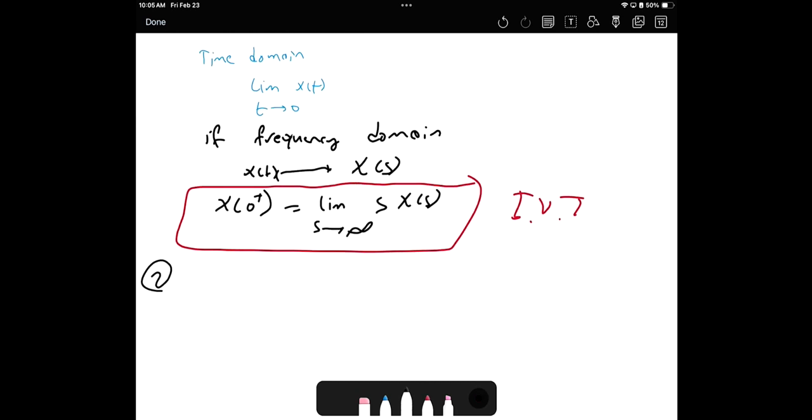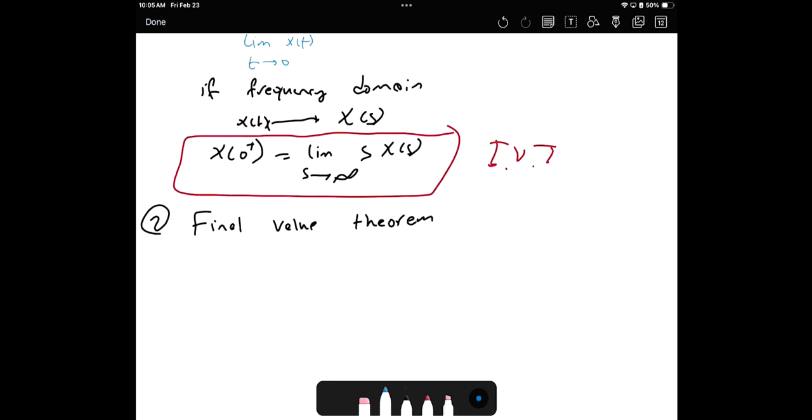Then the second theorem is called the final value theorem. In the time domain, we used to say the final value x of infinity equals the limit when t goes to infinity of x of t. That's what we used to do.